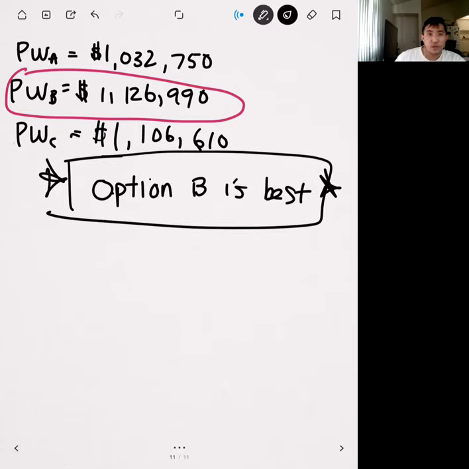Okay. And so the first wrinkle that might occur is if you have a situation where the time frames are not the same.